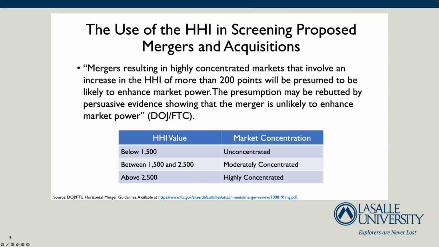And that is when the DOJ or the FTC or the courts would view that as moving into a more concentrated market. If the HHI is above 2,500, it's viewed as being highly concentrated. And if it's between 1,500 and 2,500, it's moderately concentrated. If it's below 1,500, we say it's unconcentrated.